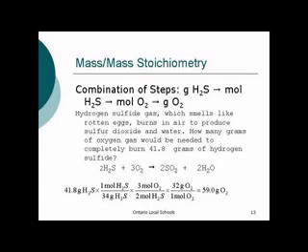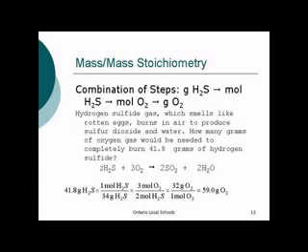In the case of this problem, you would convert from grams of H2S to moles of H2S, then multiply that by the moles of O2 over the moles of H2S to get to moles of O2, and then finally convert from moles of O2 to grams of O2. This can be done in a single three-step conversion factor setup, and I want to show you that below.